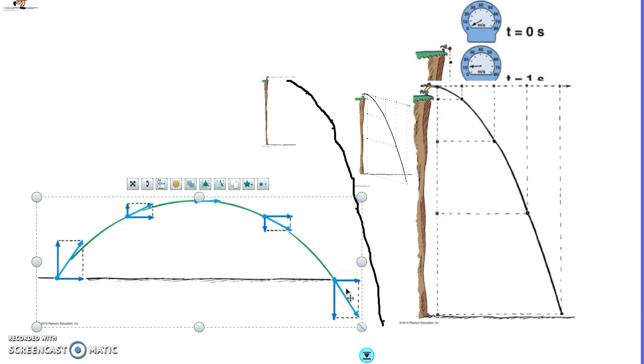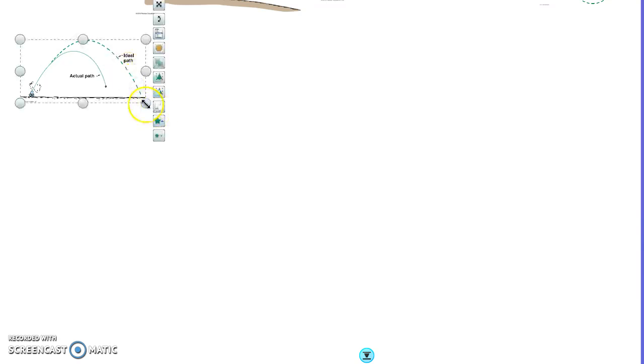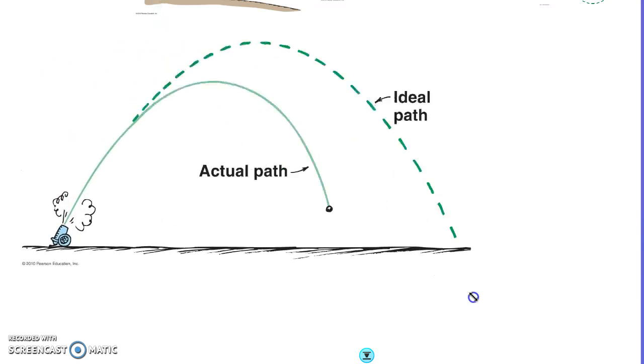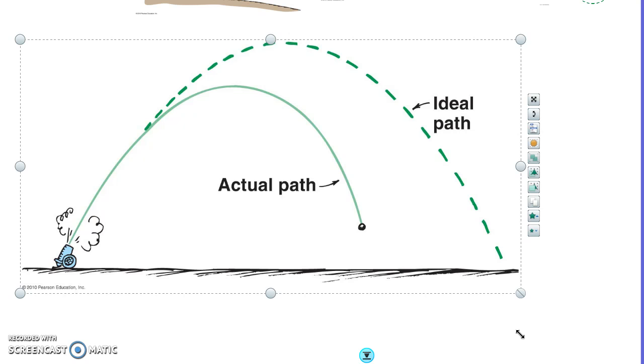Now, in real life, once again, there'd be air resistance, and so they would not stay exactly the same, but there's not going to be as much change on it as whereas gravity is affecting the vertical acceleration, either slowing it down on the way up or speeding it up on the way down.